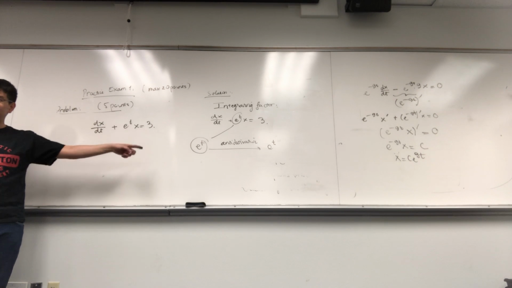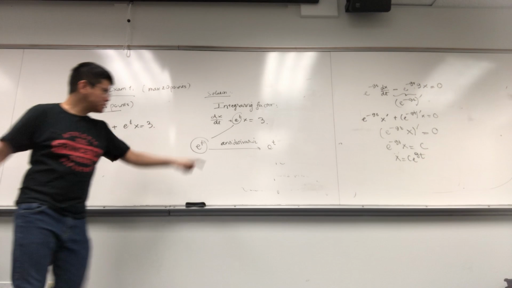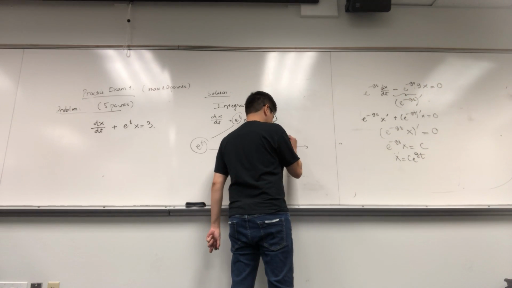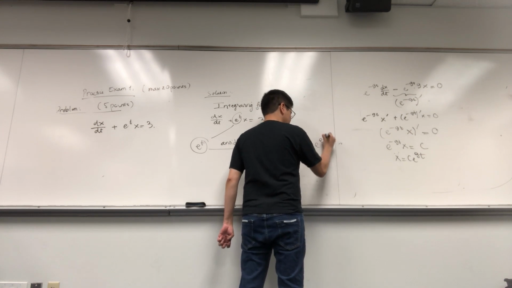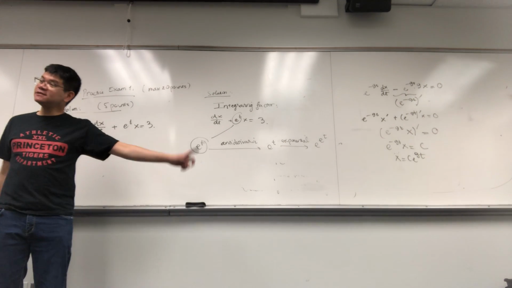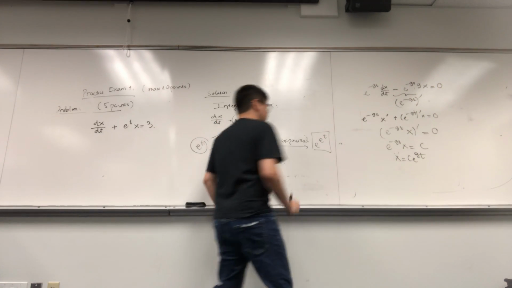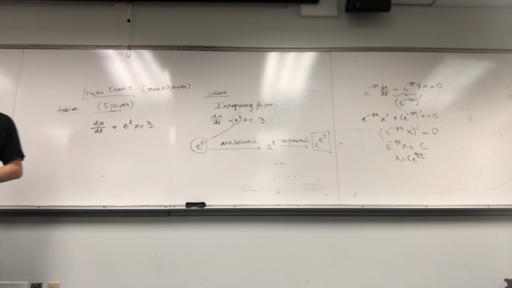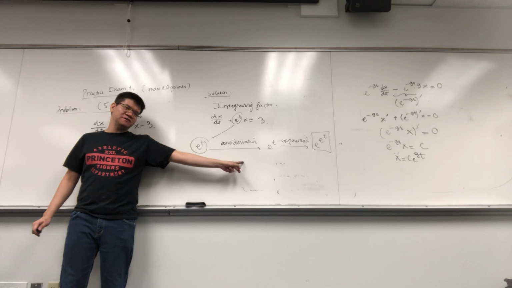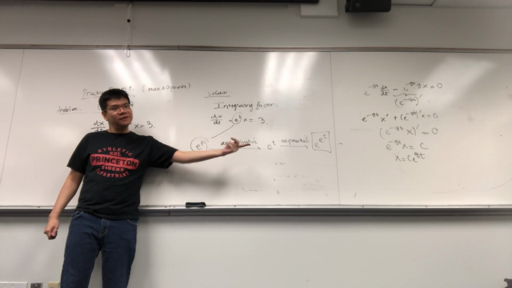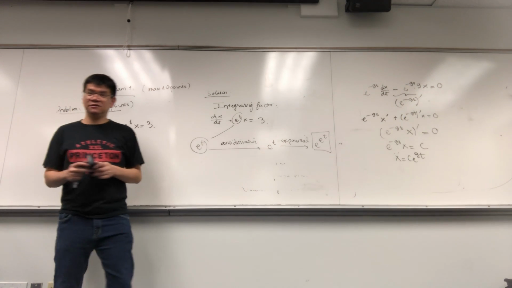Then you take the exponential of this, and you have e to the e to the t, and this is the integrating factor. So whatever you have here, you just take the antiderivative, and then the exponential of that will be the integrating factor. Questions? Is it good?